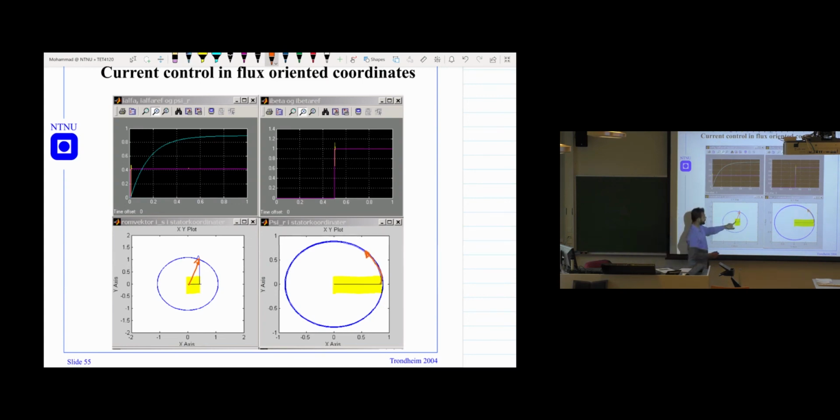When you apply torque, the machine starts rotating, and this current vector is also rotating. And one thing is that we have here an angle theta or something like that.